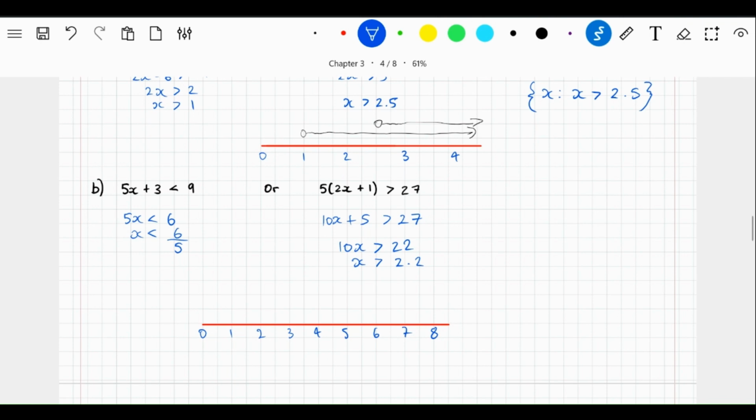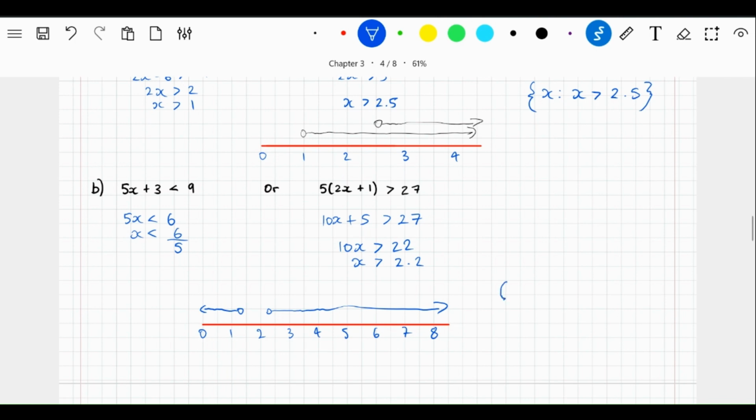So we get x is less than 6/5. 6/5 is going to be just above 1, so if we draw that one there, it's going to be boom. So x is less than 6/5, but then x is greater than 2.2, which is also going to be there. That's going to go all the way to the end. So it's basically going to be two different inequalities because there's no overlap. In the previous one, there was overlap, but here we're going to have to do it in two different inequalities.